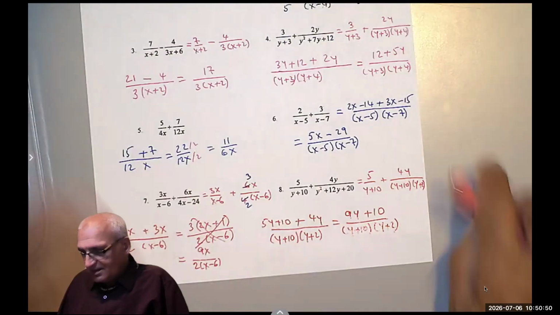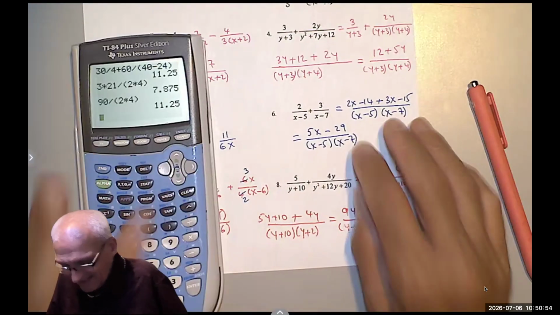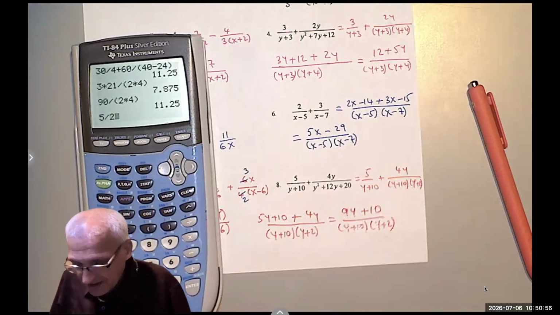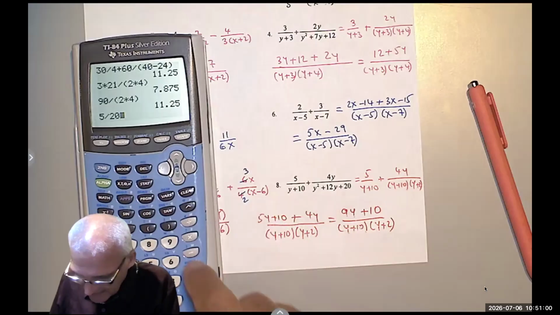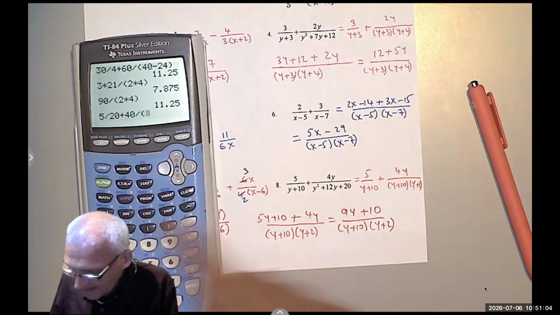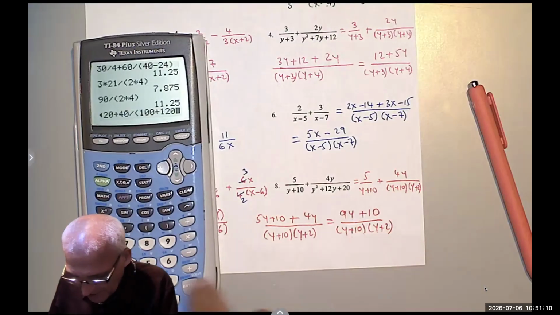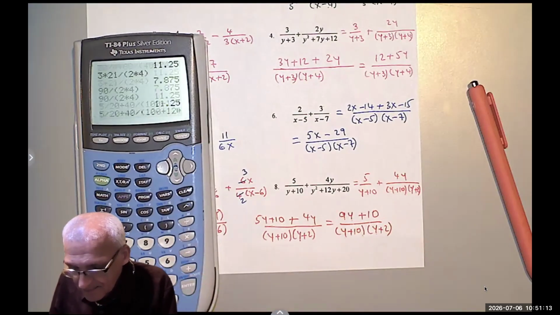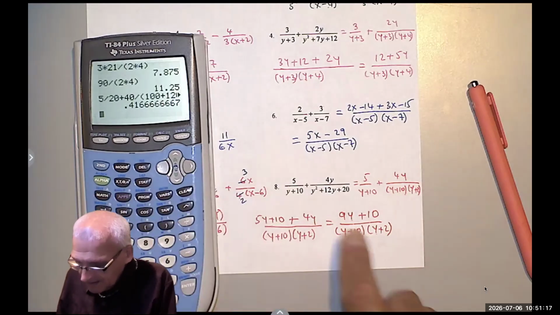Let me check, even though I feel comfortable with that. I have 5 over 20 if I say y is 10, so 5 over 20, or a quarter, plus 4y is 40 over y squared, which is 100, plus 12y, which is 120, plus 20. I get 0.41666.